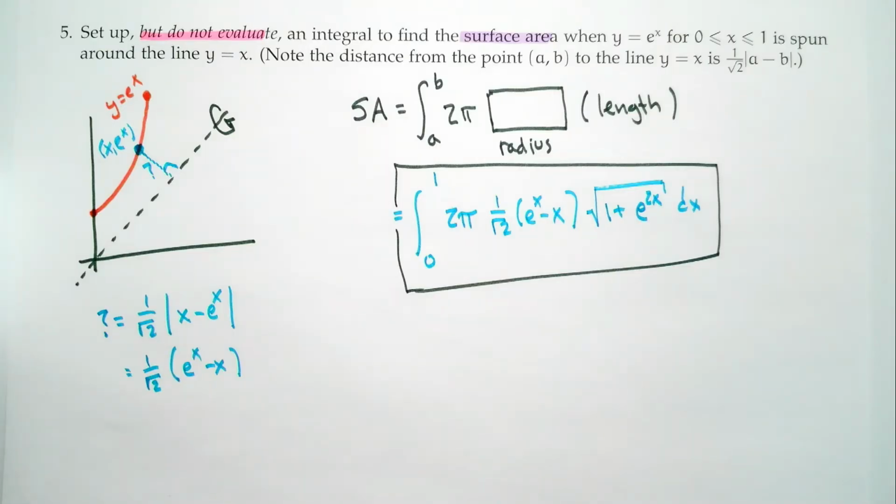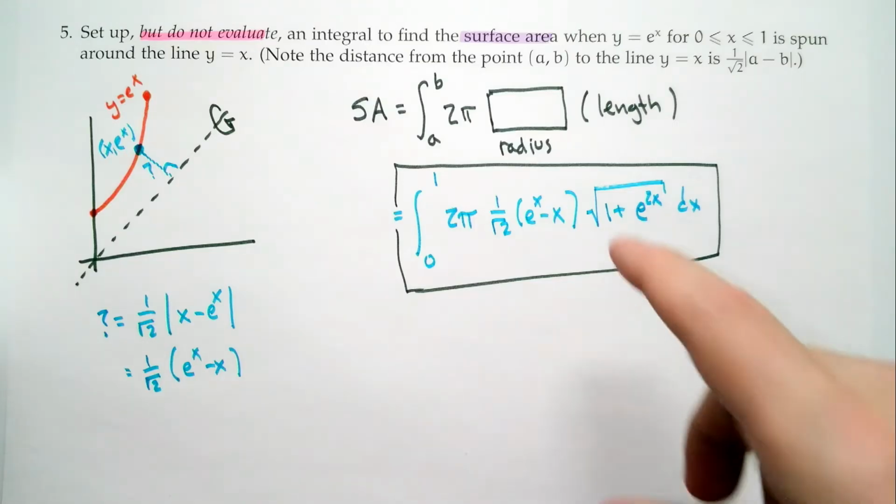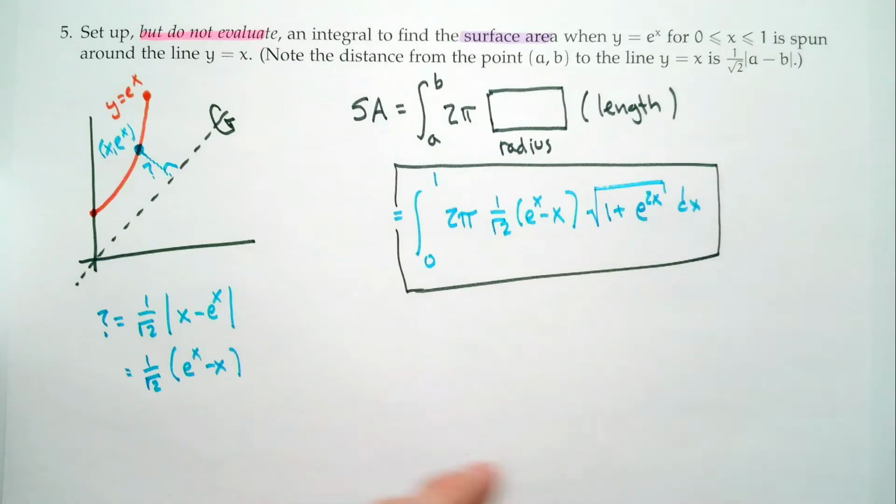Now, it might be that you could evaluate, but oftentimes it's because you can't evaluate. Okay, so this is just to demonstrate the flexibility of memorizing the generic formulas and not saying, well, it's 2 pi x or it's f of x. No. Just what does everything mean? That's what you should pay attention to.